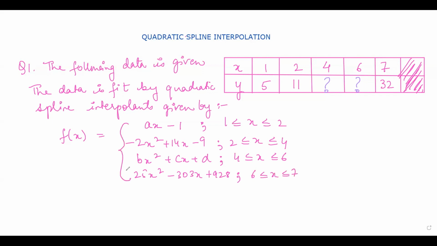So this is the quadratic spline interpolants where A, B, C, and D are constants given to us.